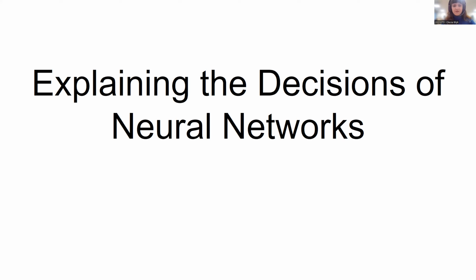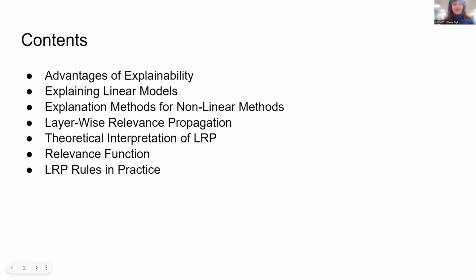Okay. Hello, everyone. Again, I'm Alicia, and today I will tell you about Chapter 5, explaining the decisions of convolutional neural networks. This is the contents of today's presentation. I will start with a discussion of why the need for explainability of deep neural networks has arisen in the first place.